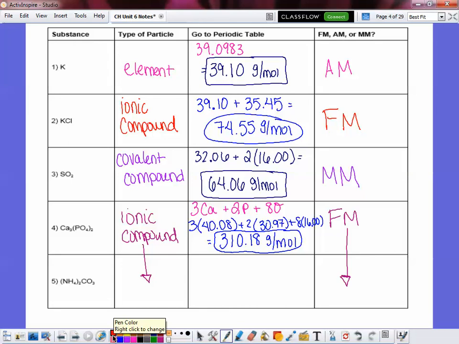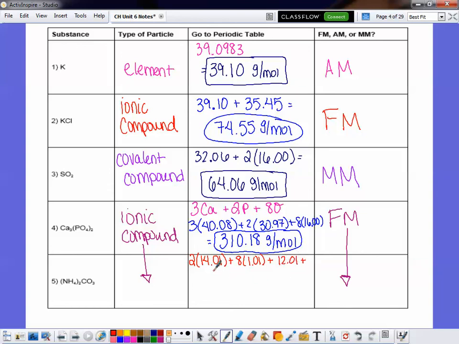All right, and then for number 5, we have how many nitrogens? 2. And nitrogen has what mass? 14.01. And then we have how many hydrogens? 8, which has a mass of 1.01. And how many carbons? Which has a mass of 12.01.